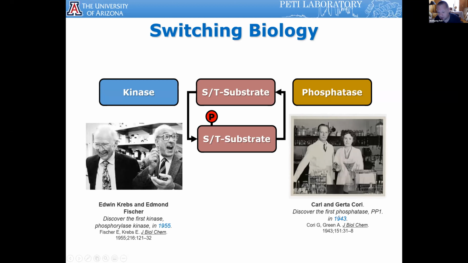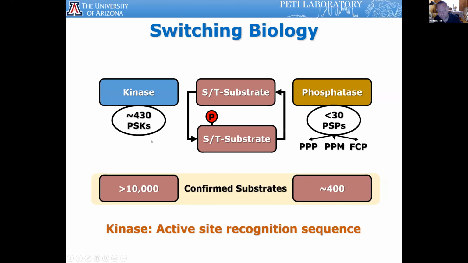Indeed, you can see here phosphatases were known before kinases, and both were first published in the Journal of Biological Chemistry. Both of them are rich in Nobel Prizes. And why are these guys laughing so much more is because we know about 10,000 confirmed substrates, or a little bit more nowadays, for kinases, while we know about 400, and that's a very generous number, for the phosphatases.